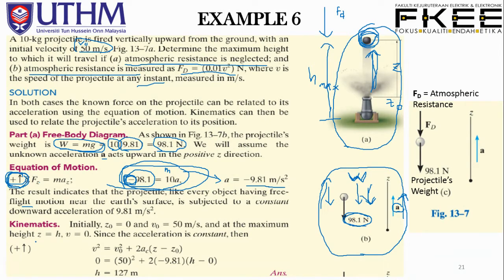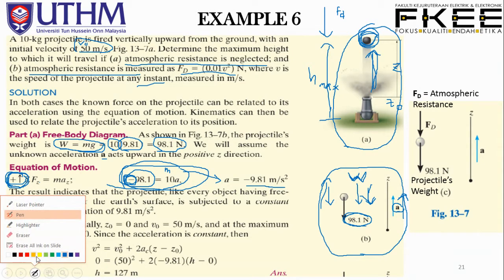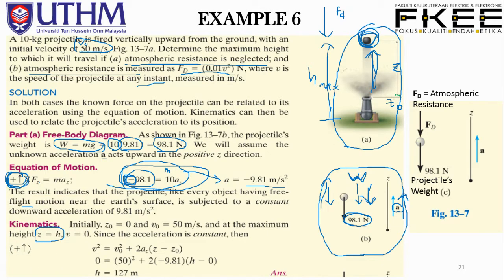At the maximum height, z equals h, which is the maximum z the projectile may reach before it falls down again.